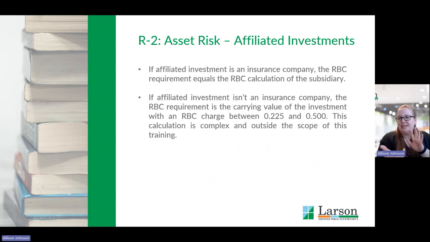But there's a lot more that goes into that calculation and that's outside the scope of this training. We're trying to keep this pretty high level. So just know that if you have affiliated investments that are not insurance carriers, that you need to do a little bit more looking into the RBC calculation on those.